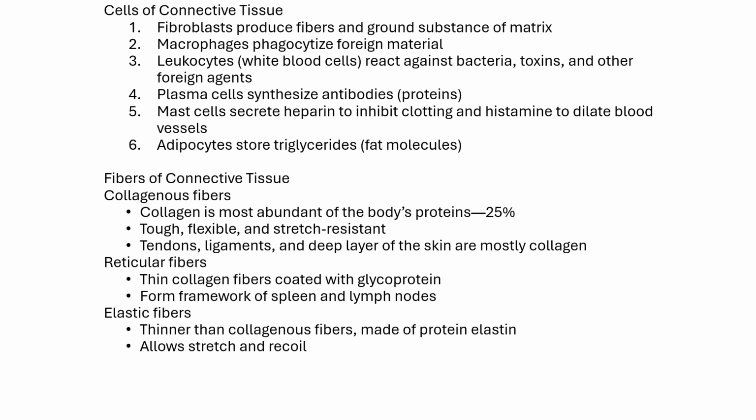And the elastic fibers are thinner than the reticular fibers. They are thin collagenous fibers. They are made of a protein called elastin. Elastic fibers stretch and recoil like a rubber band, and the elastic connective tissue contains elastic fibers and is abundant in the walls of the artery and the airway.